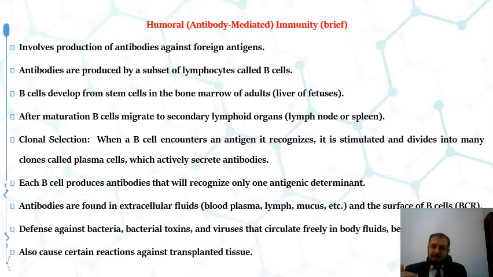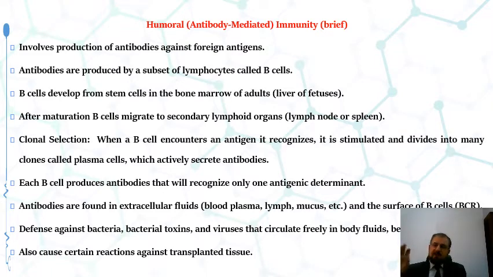Then the selected clone will go through a process of clonal expansion, to increase the number of the B lymphocyte clone. Then they go through differentiation. The differentiation will yield two cell lineages. These are plasma cells and memory cells.